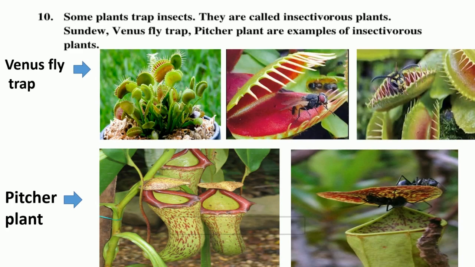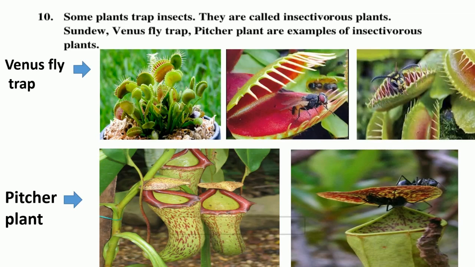Like other plants, Venus flytraps gather nutrition from air and soil and get healthier if they get nutrients from insects. Next is pitcher plant. Pitcher plants have modified leaves known as pitfall traps. The rim of the pitcher is slippery, causing insects to fall into the trap.